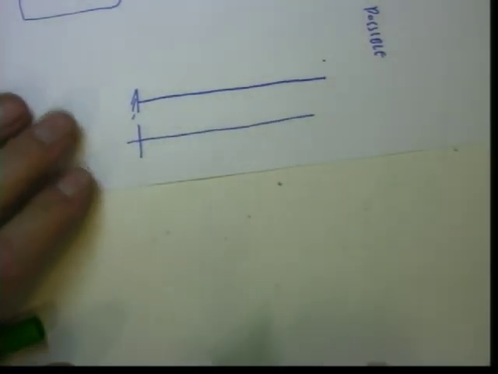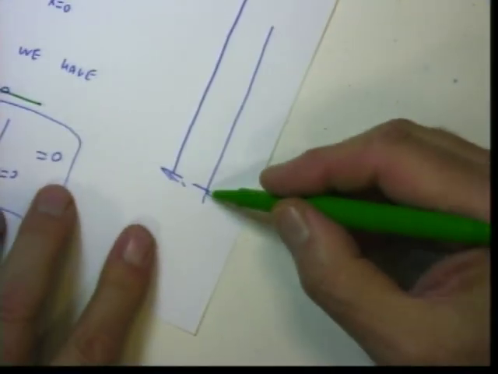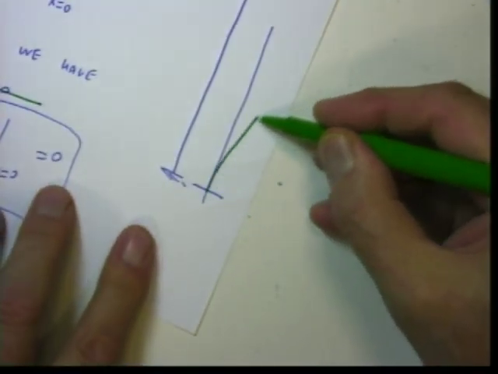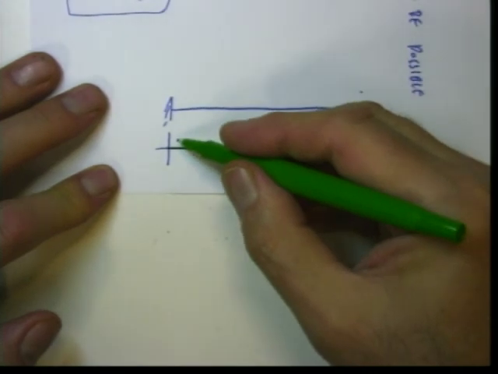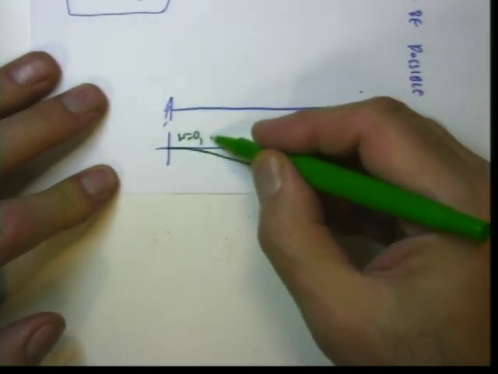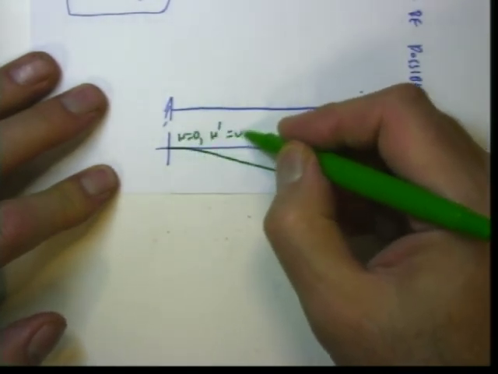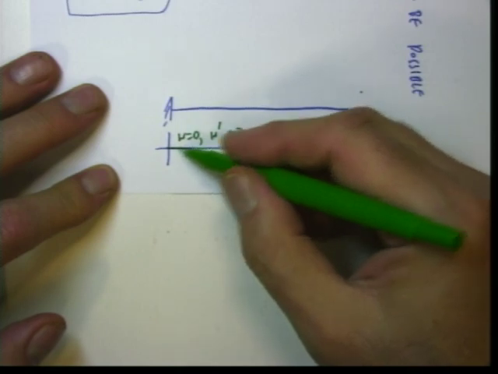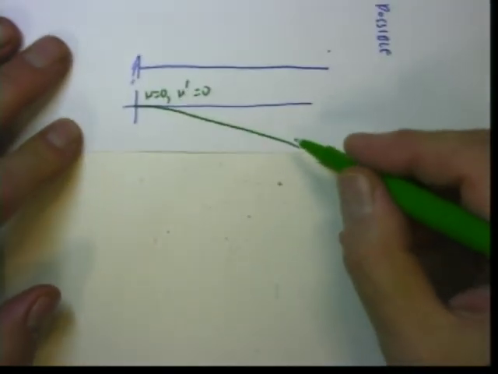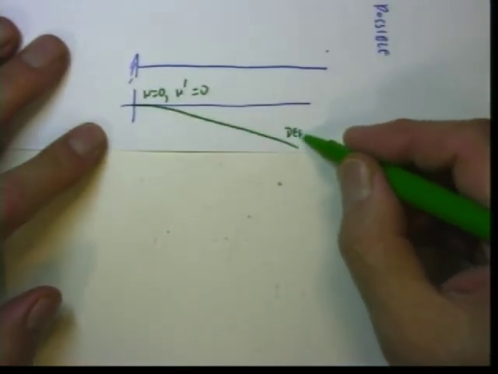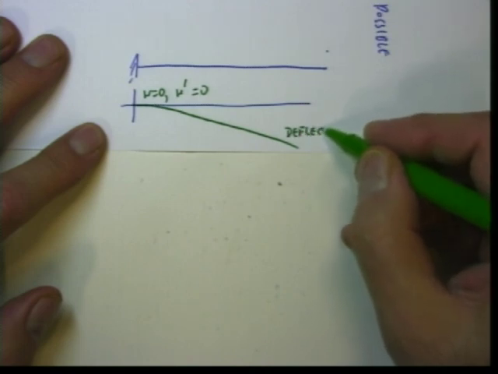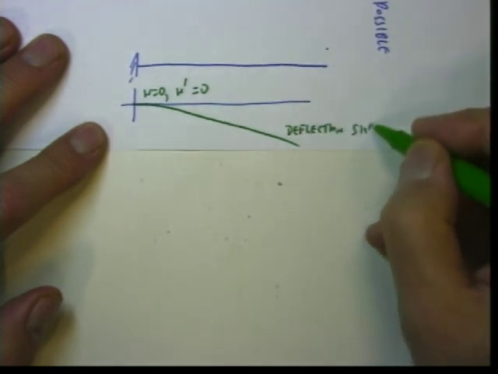So this is a displacement, so that here w is 0 and w prime is 0. The first derivative is also 0. That is the deflection shape.